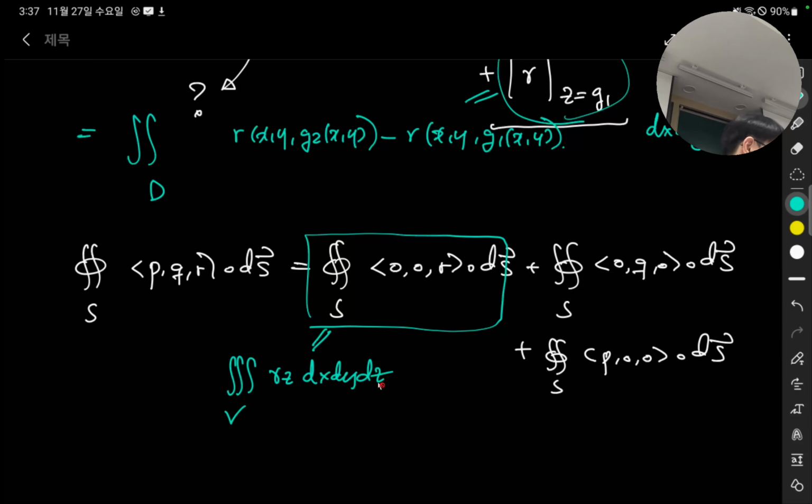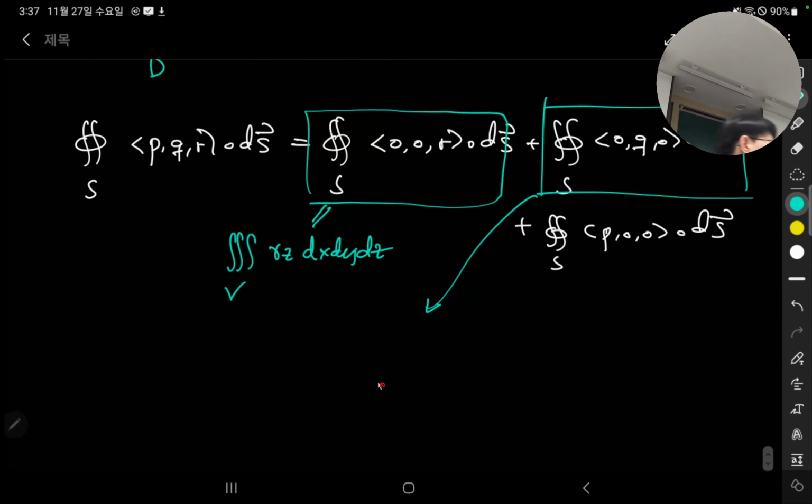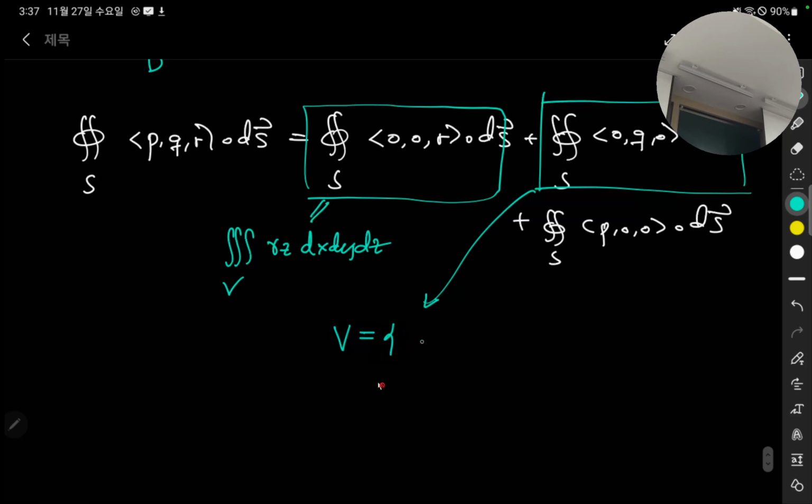Now for the other two, I'm going to assume, by cutting out the volume if necessary, that the volume is represented with x, z lying inside a domain in the x, z plane, and y is governed by two functions, G1 and G2.